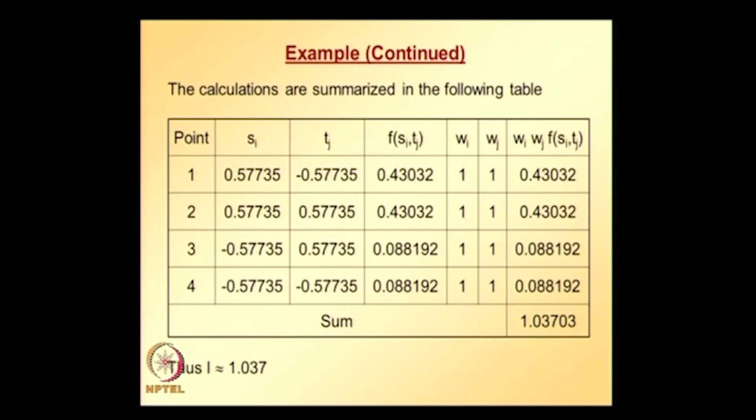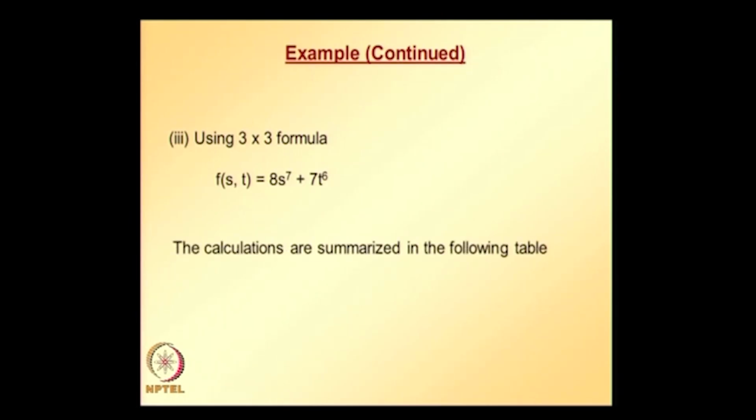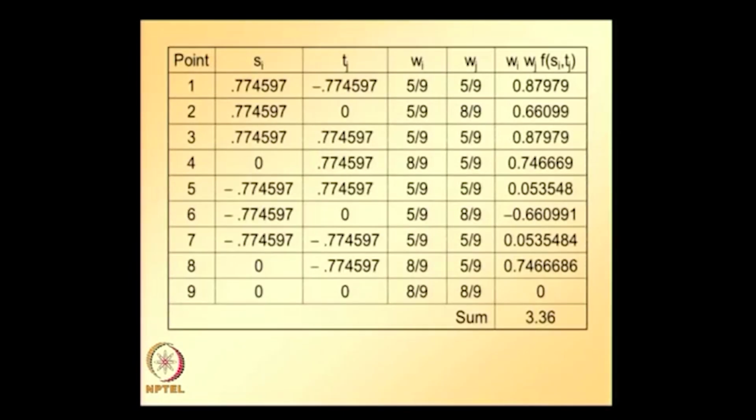And now let us try evaluating this integral using the 3 by 3 formula. So the function is shown here. We are trying to use 3 points along s direction and 3 points along t direction. Similar to the previous case, the calculations are summarized in a tabular format. There are a total of 9 integration points; the corresponding s values, t values and weights are given.